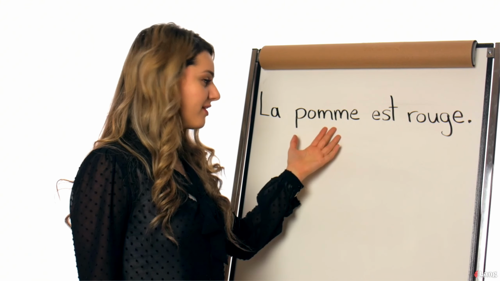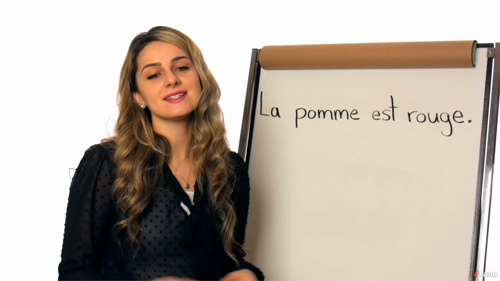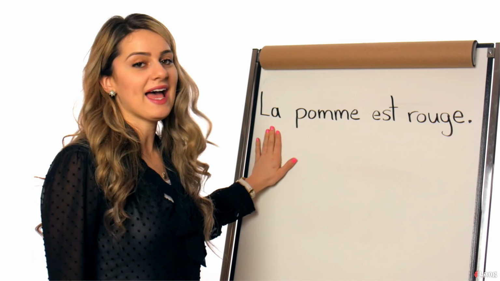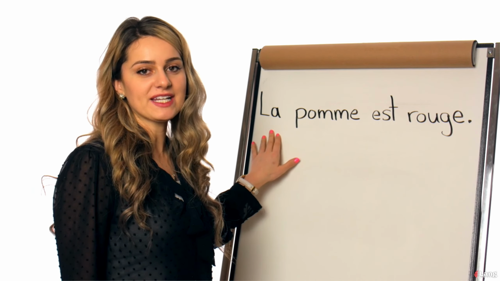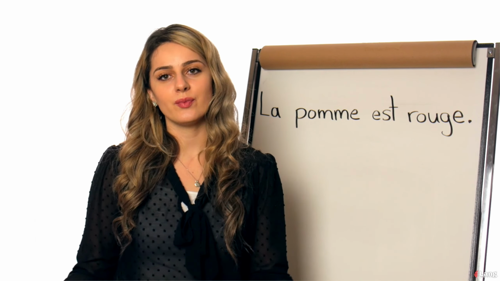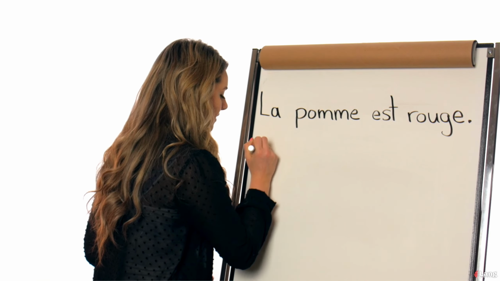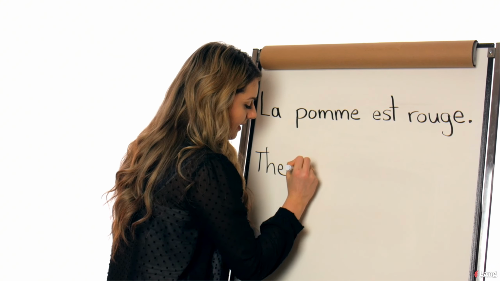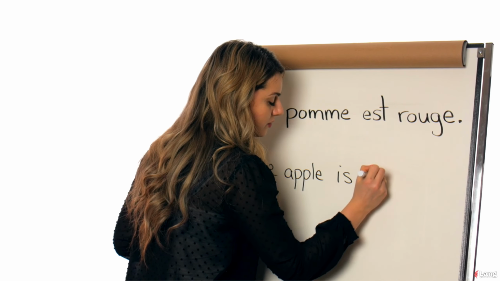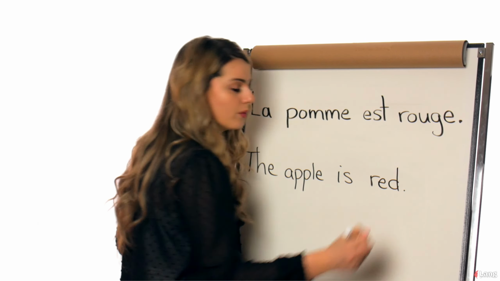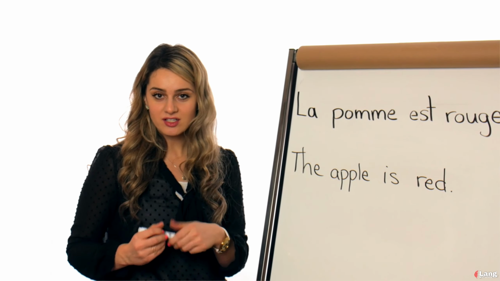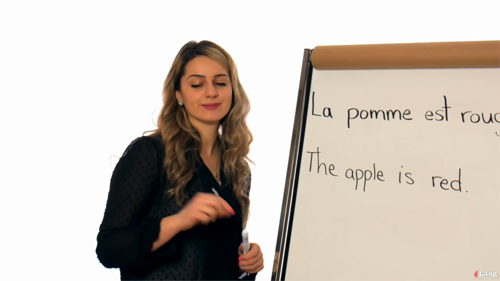Because the nom, pomme, is féminin. So pomme is féminin, which means la, the déterminant, has to be féminin too. Est means is, rouge means red. So we have the apple is red. Now let's kick it up a notch and go a little bit further.